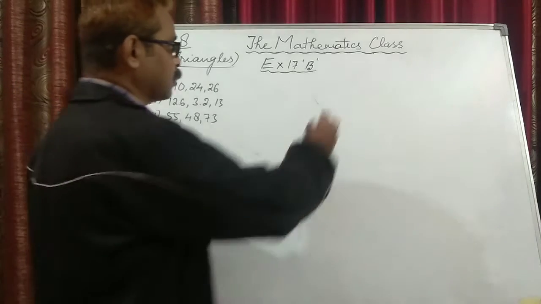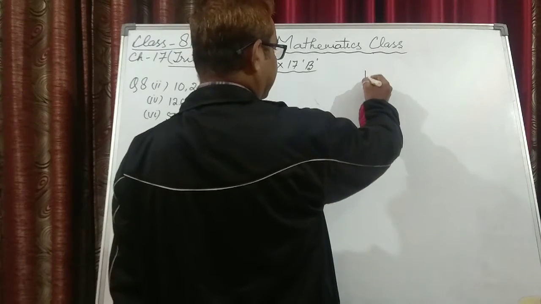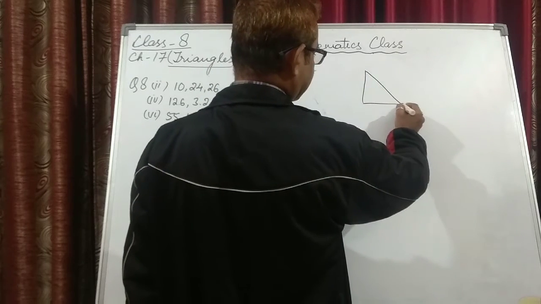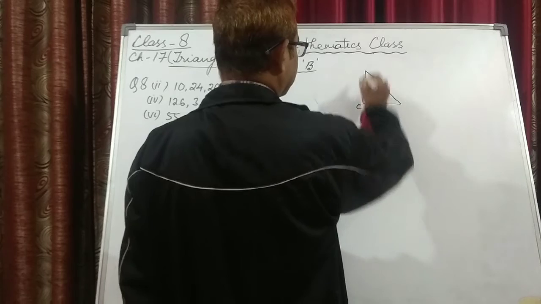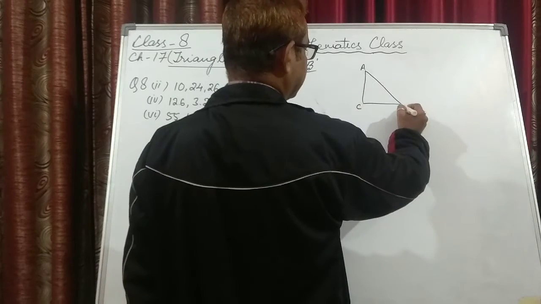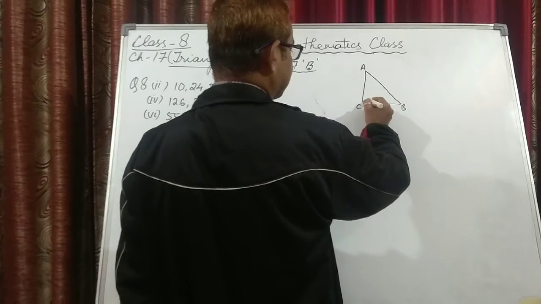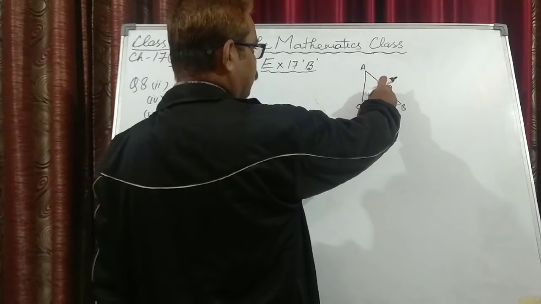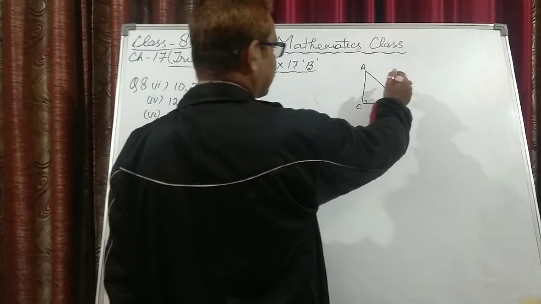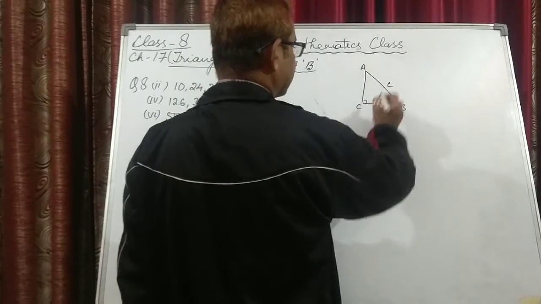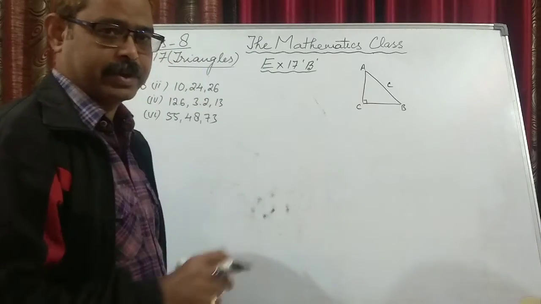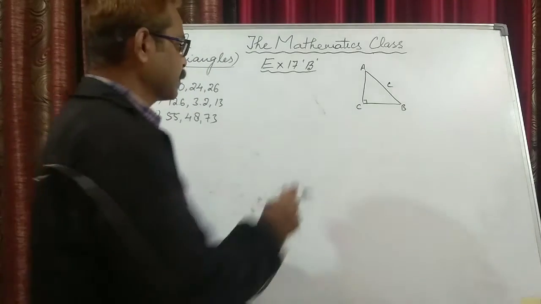Now one thing you remember always: if a right angle triangle is given, let us say this is a right angle triangle ABC, in which angle C is 90 degrees. So the side opposite to angle C will be the hypotenuse. I am writing it as C, meaning C in this triangle represents the hypotenuse of the triangle ABC.